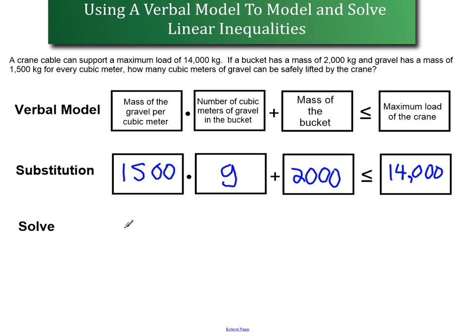Let's solve this as an inequality. So that's 1,500 g plus 2,000 less than or equal to 14,000.